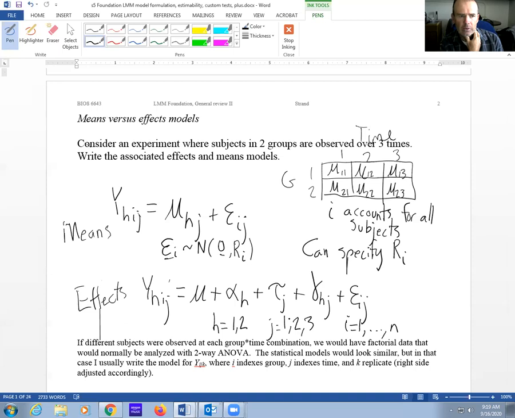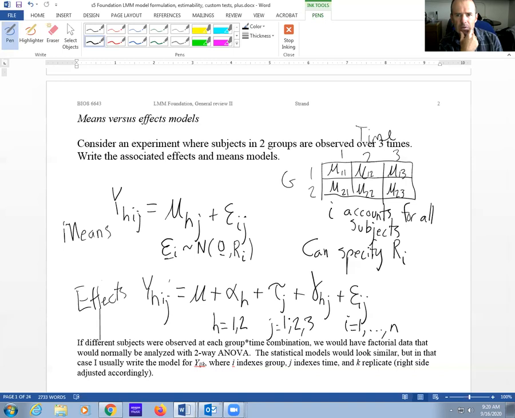Whether you deal with the constraints up front and set 1 to 0 and make a full rank model and use a full rank X, or whether you use a generalized inverse. Those are two general different approaches that you can take for estimation. And I'll leave it at that.